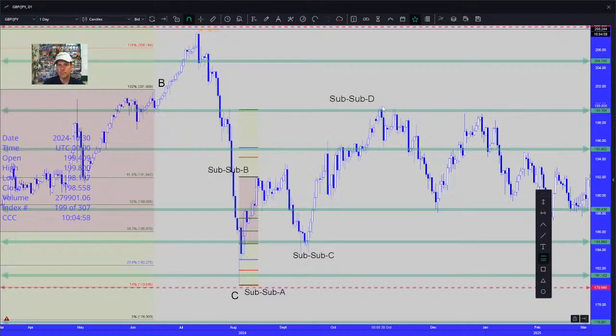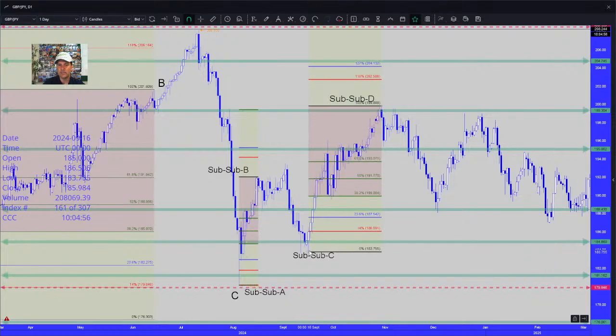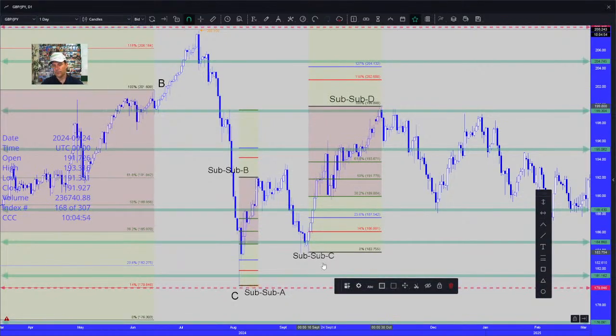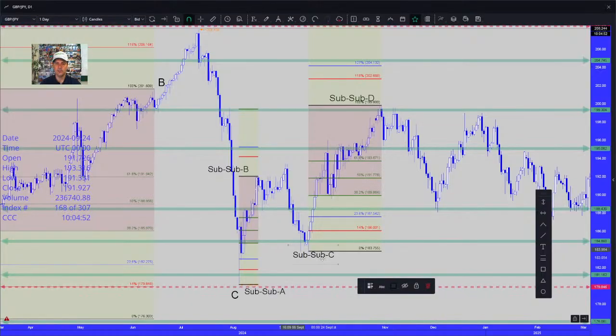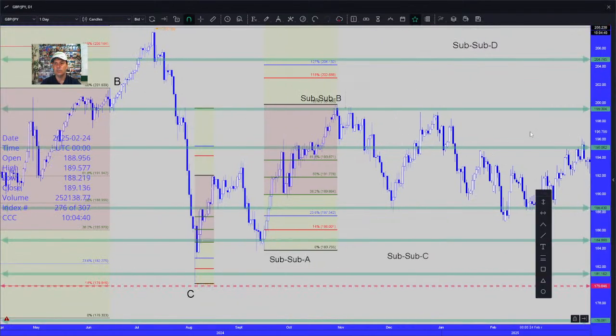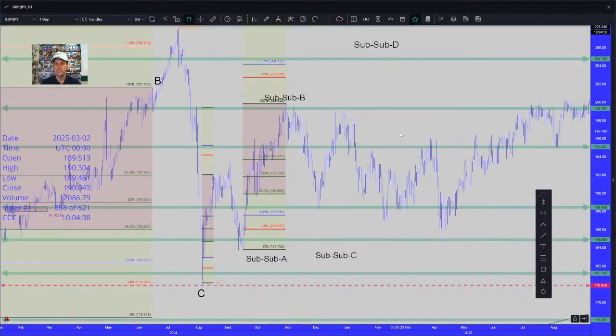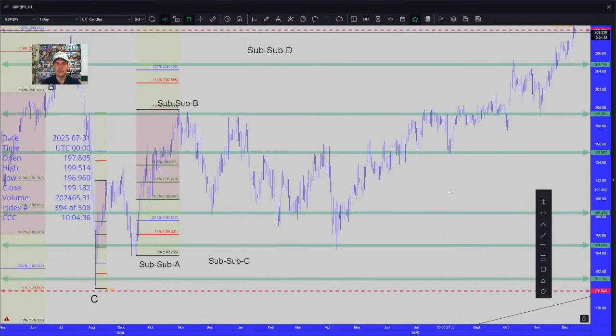So this would be then the sub D must be a high in an uptrend. As always, everybody, same rules. Sub A goes to sub C, and sub B goes to sub D, right? We've learned this, how to readjust Fibonacci, how to readjust the confirmation Fibonacci.